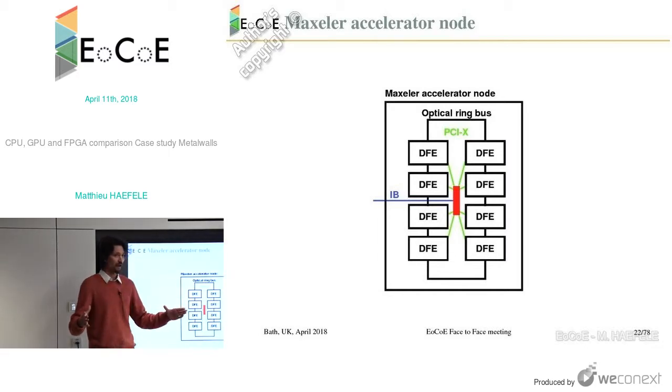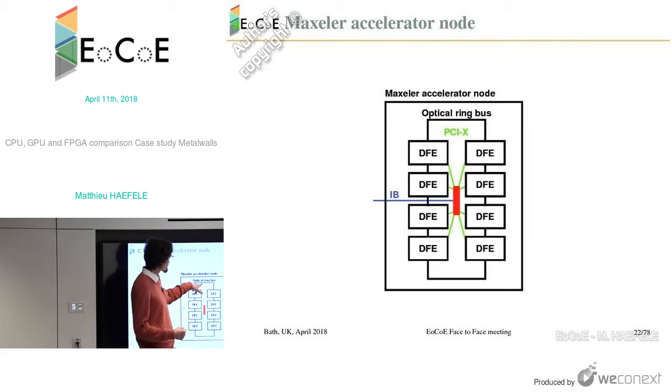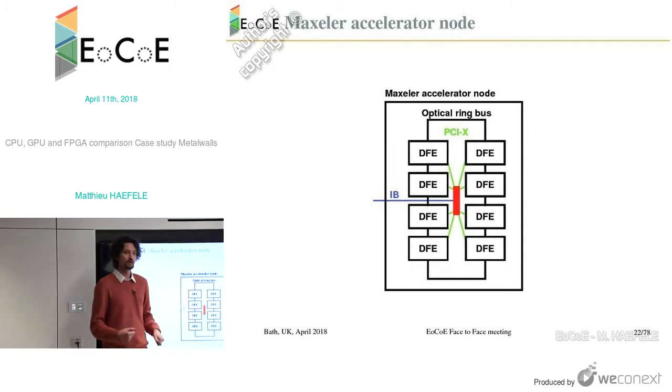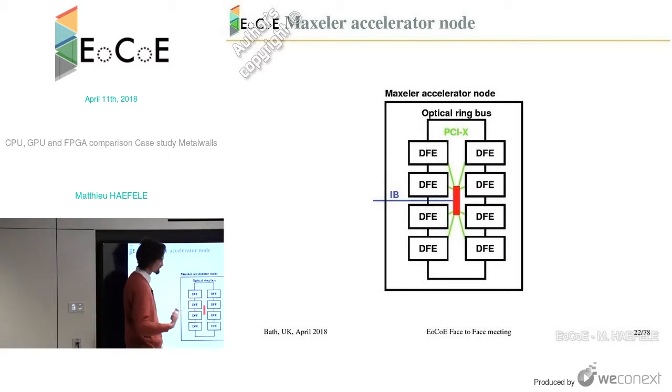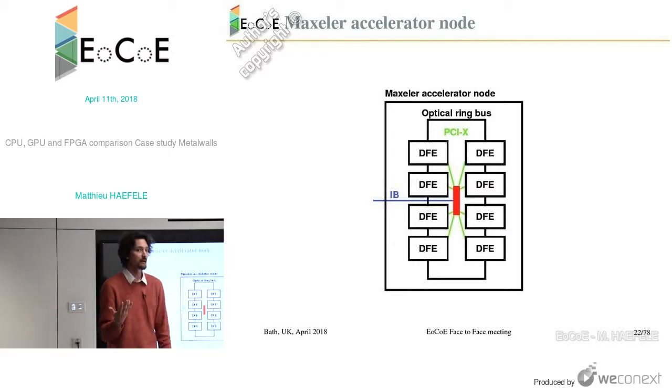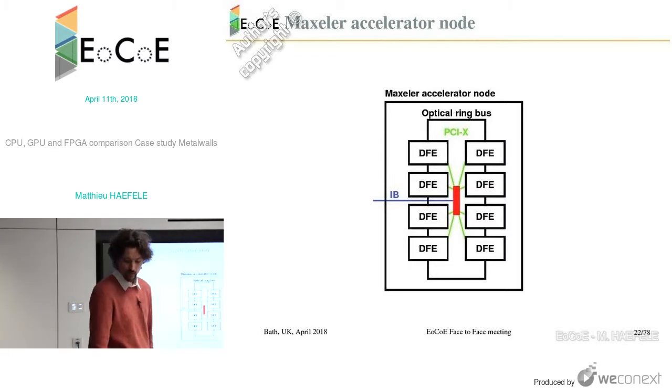That will be one accelerator node. DFEs are connected either by PCI Express, but they also have an optical ring bus that is much faster to connect the different boards. And these accelerator nodes are connected by InfiniBand, a standard high-performance network in HPC.